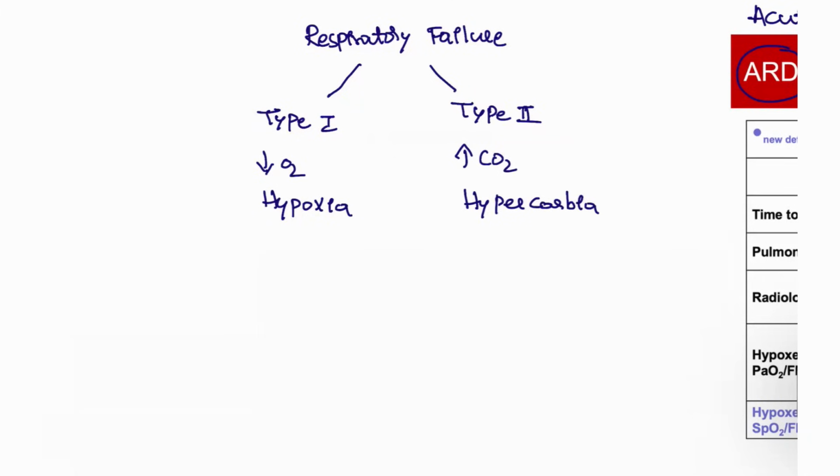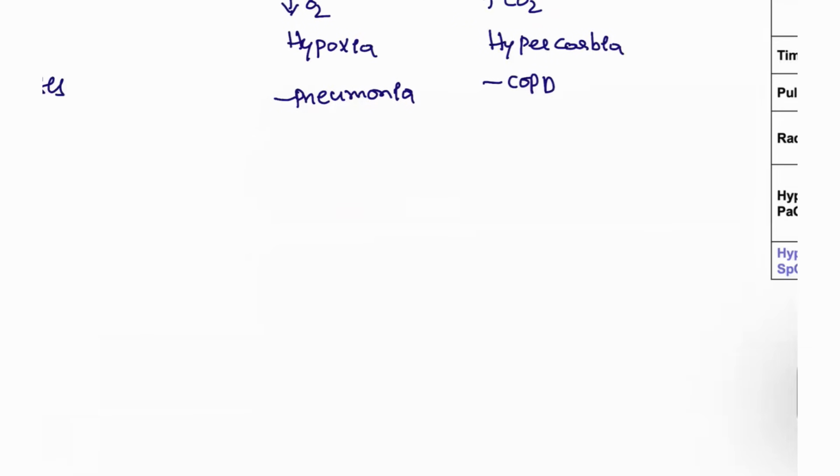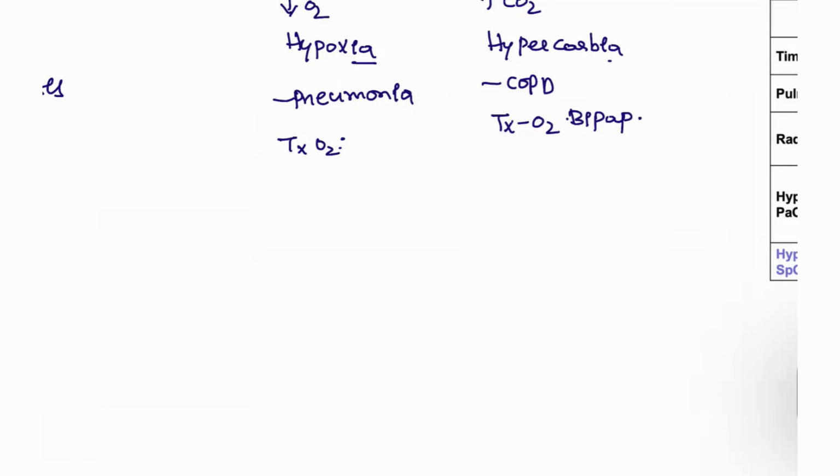Type 1 is seen in patients with pneumonia, and type 2 is most commonly seen in patients with COPD. If it is hypoxia, then we can treat this patient with oxygen, right? Type 2 patients we also treat with oxygen, but in BiPAP mode. Even though it is hypercarbia and the oxygen is normal, we have to attach BiPAP for this patient.